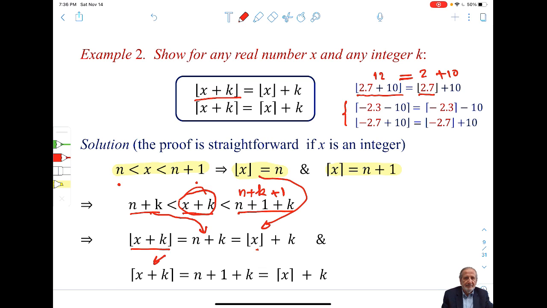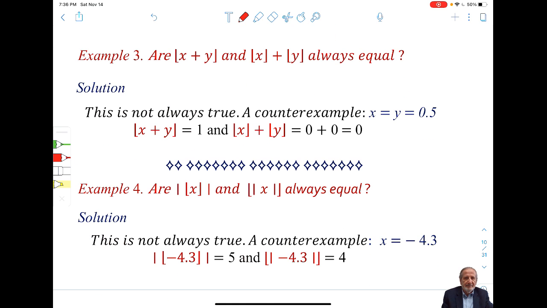It is n plus k plus 1, which is n plus 1 plus k, see? And n plus 1 happens to be the ceiling function of x. So we proved these two properties. They're very important, and you will see we are going to use them quite a bit in this lecture.